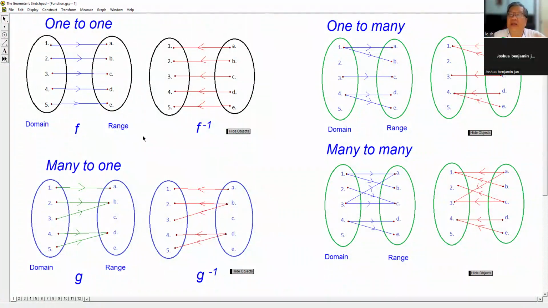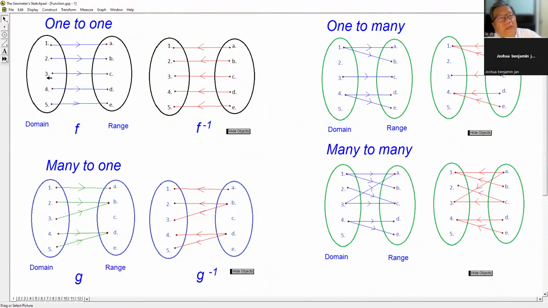So far, are you familiar with the terms that we are using? You understand the terms or not? Okay. So basically, there are two sets. One set is the question. The set of numbers in the question is called the domain. Then another set is the answer. The set of numbers in the answer is called the range.